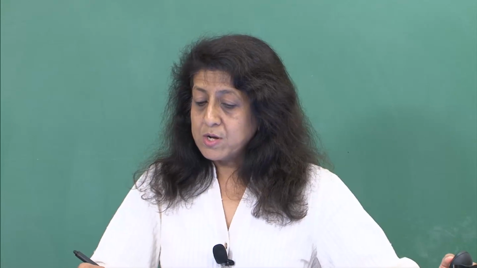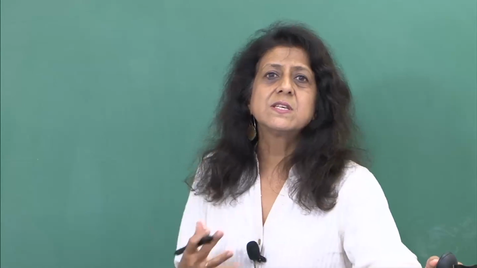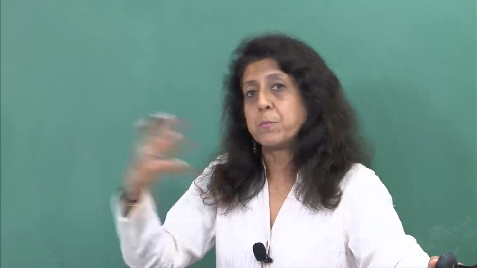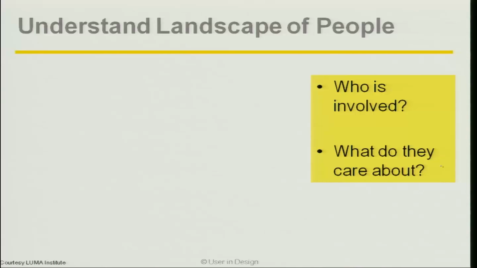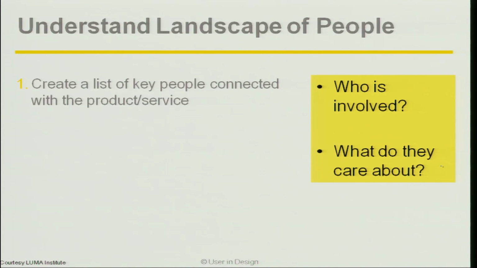Who is involved and what do they care about, right? What is their pain? What is the pain they are facing today because there isn't a good service that can take them from point A to point B? What is the pain that the elderly people are facing or young mothers are facing who are not able to drive? And the public transportation also is not supportive enough, right?